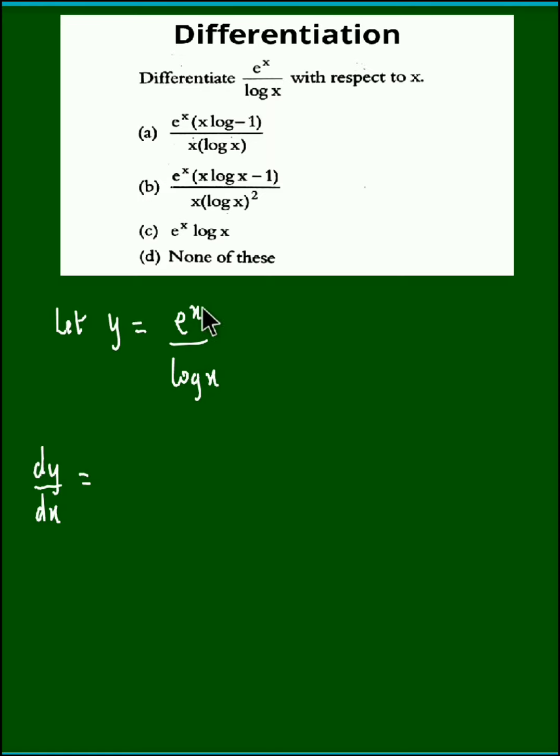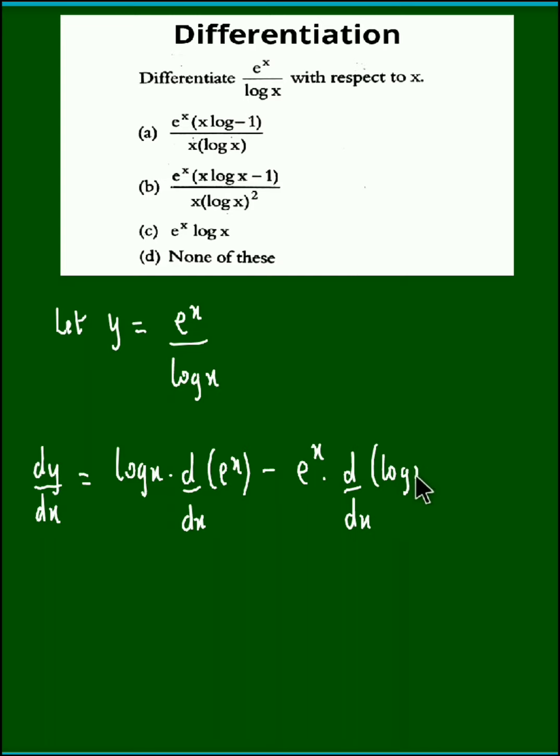So we apply the quotient rule and we obtain log x into derivative of e raised to x minus e raised to x into derivative of log x, divided by log x the whole square. So we need to divide by log x the whole square.